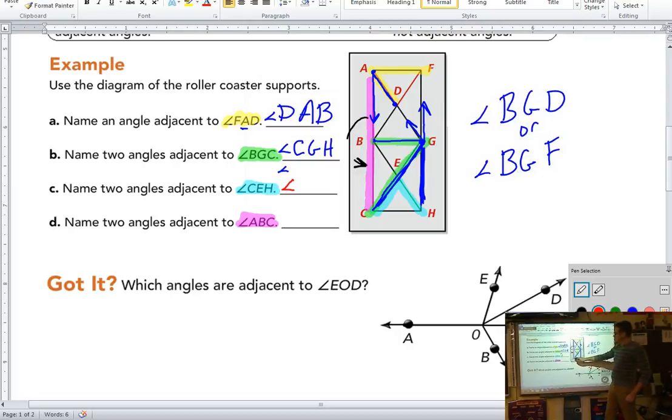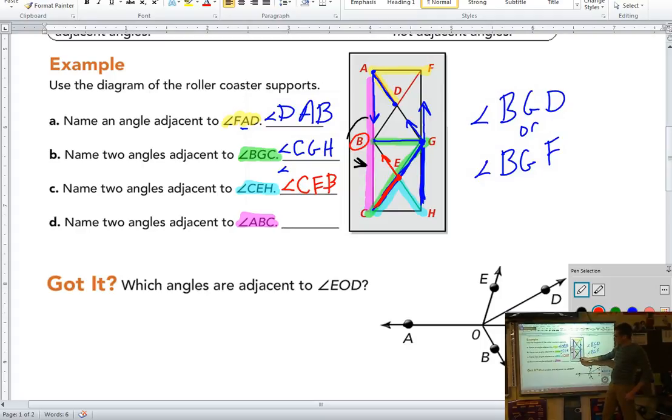CEH. So CEH, I've got that highlighted in blue right here. So my vertex is E, and I want to share one of the sides. If I share this side, I'm going to be sharing side CE, and then where can I go? Well, I can't go out here because that'll contain my angle. So if I go out this direction, they're just beside each other, and that would be angle CEB, because that point B out here.